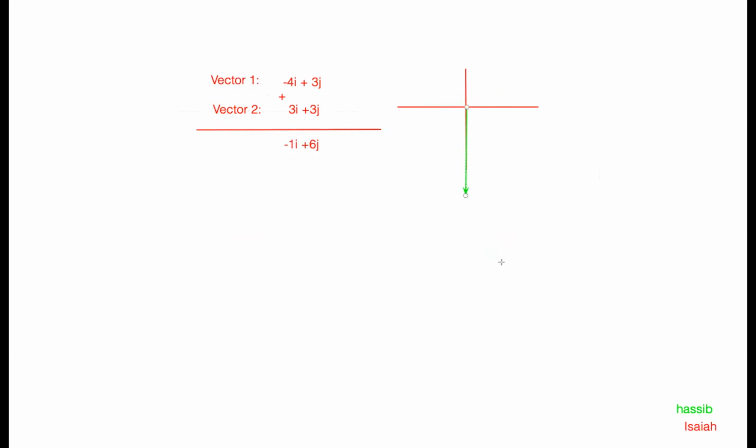So like this? Yeah, that's one of them, and another one is like that. So we said j's represent the y direction, correct? Okay. So that bottom vector right here, or the one pointing down, you could say that it has only a j component or y component.